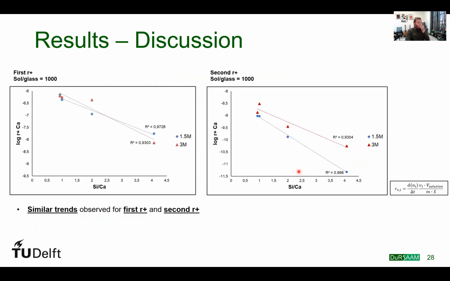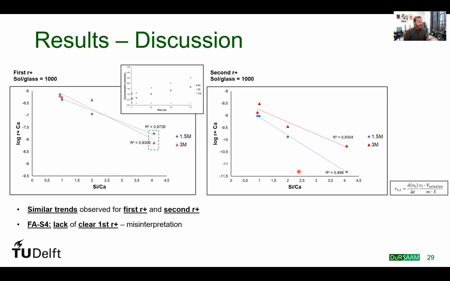Now, talking about dissolution rate values, we can see that the dissolution rate of calcium is linearly correlated with initial silicon to calcium ratios in both first and second forward dissolution regimes.